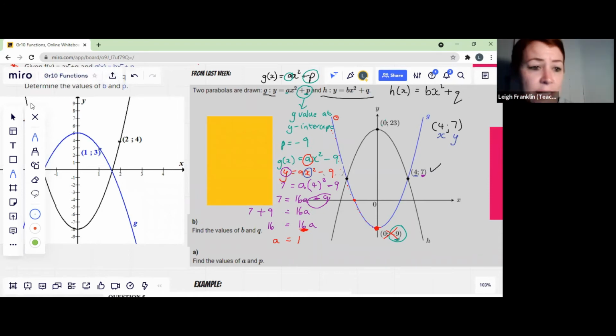And then somebody is going to need to tell me what the value of Q is, first of all, and then what the value of B is. So you're going to find Q exactly how we found P, and you're going to find B exactly how we found A. So everybody that was following me through the question I've just done, you're going to try and work out Q and B. Inhlafatso, you're going to listen to me for 2 seconds, and I'm going to explain to you why it had to be negative 2.